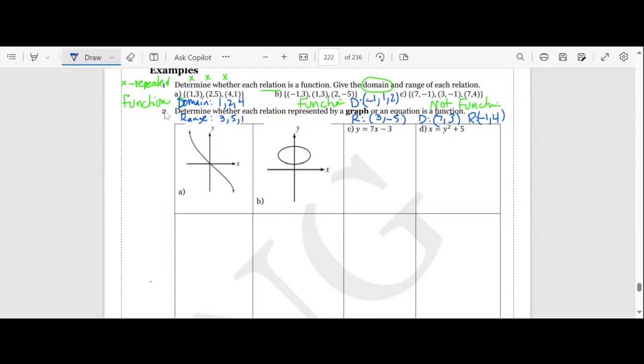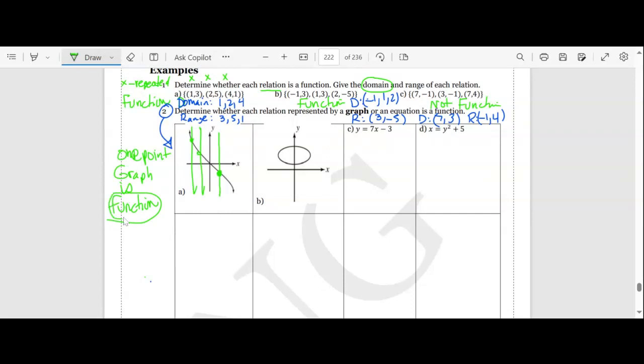Now let's go for number 2. Do you see this graph? If you make something called a vertical line, and it cuts the graph in one point, any vertical line, anywhere, if it cuts it in one point, then the graph is a function.